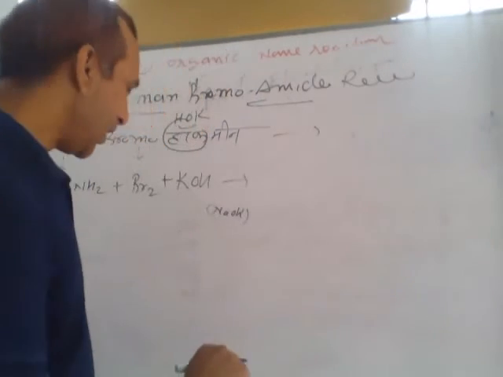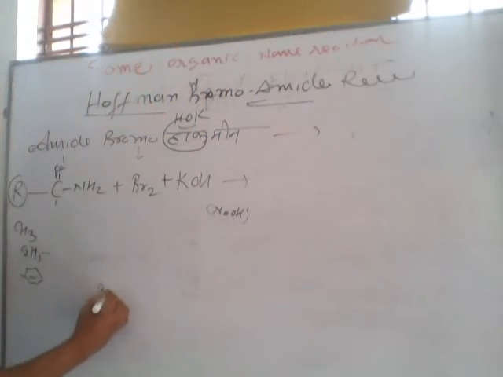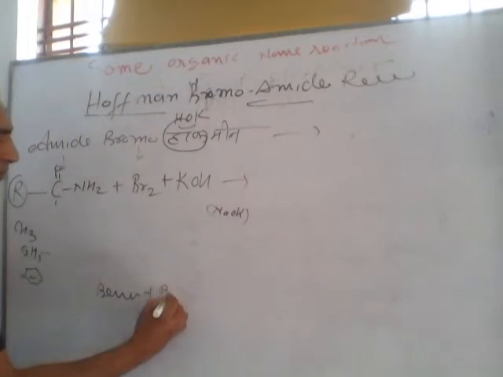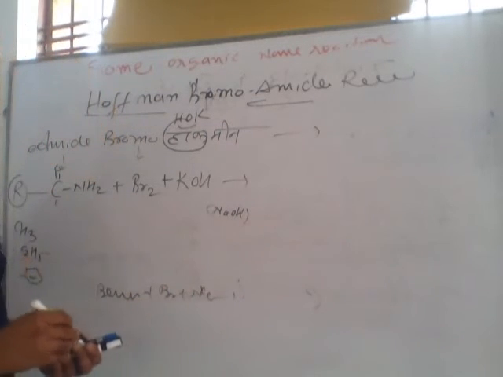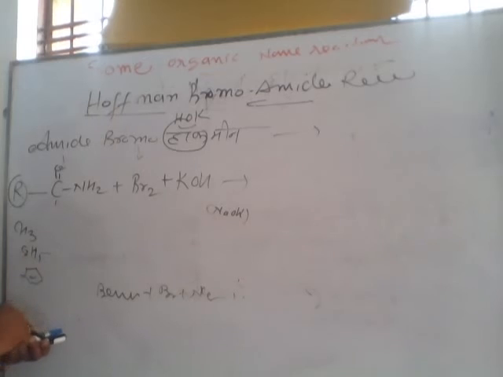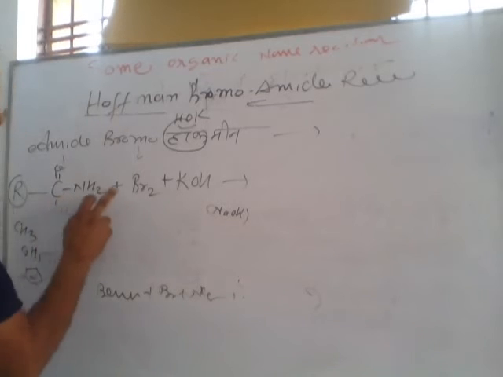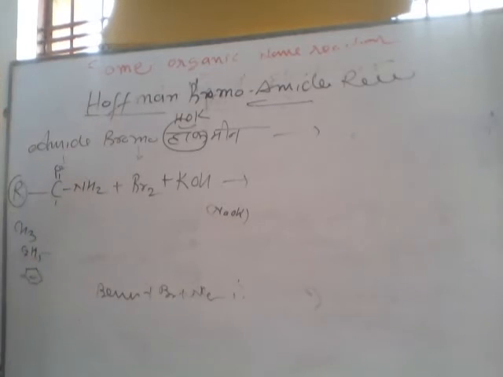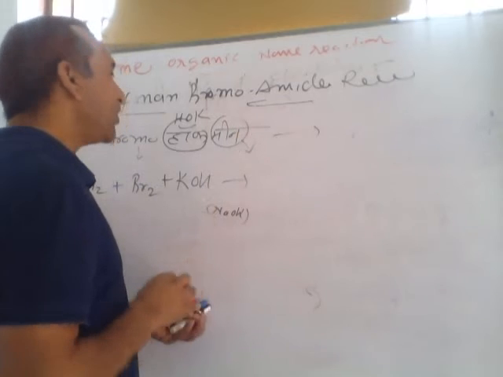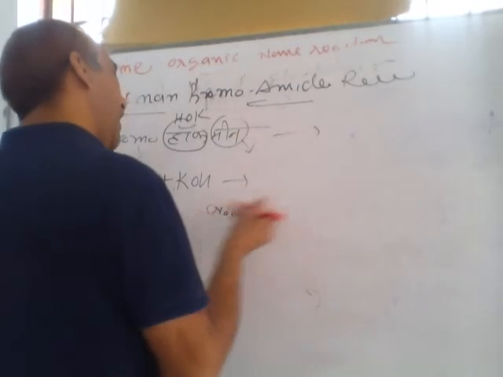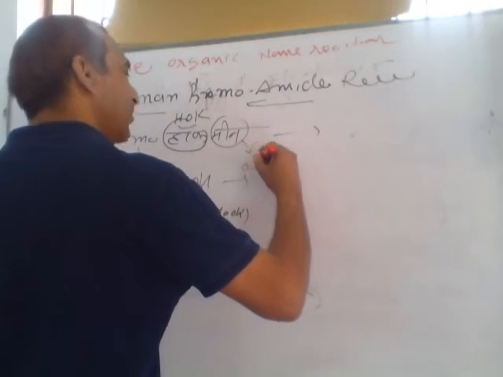Sometimes they write benzamide, Br2, NaOH, and ask for the product. Find out the product. So an amide always reacts with Br2 and a base. After the reaction, this is amine.